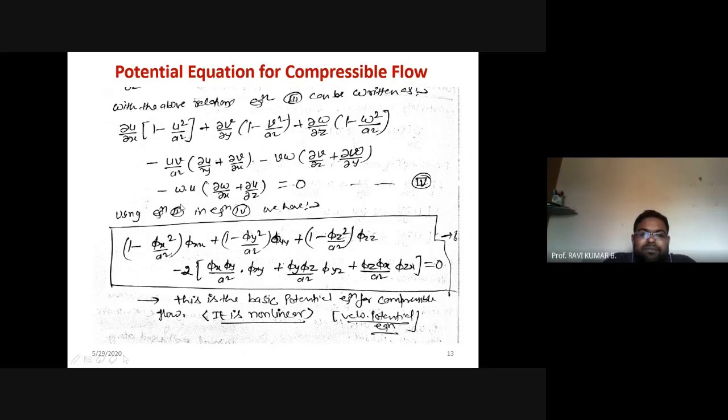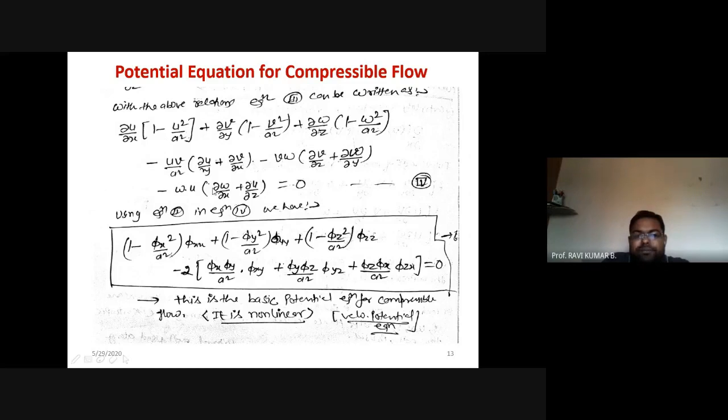So 1 minus φx squared divided by a squared, where u is equal to ∂φ/∂x, known as φx, and plus this term, the double derivative of φ with respect to x, φxx, since ∂u/∂x becomes φxx. Similarly, the second bracket can be written as 1 minus φy squared divided by a squared, this is φyy, and then for φz.